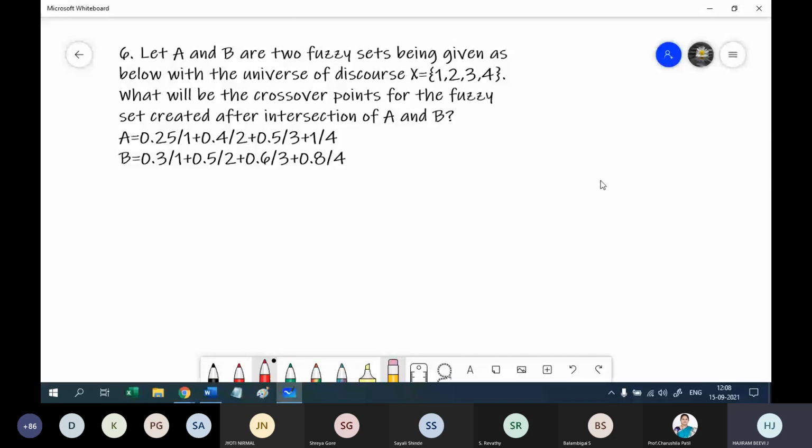What will be the crossover points for the fuzzy set created after the intersection of A and B?